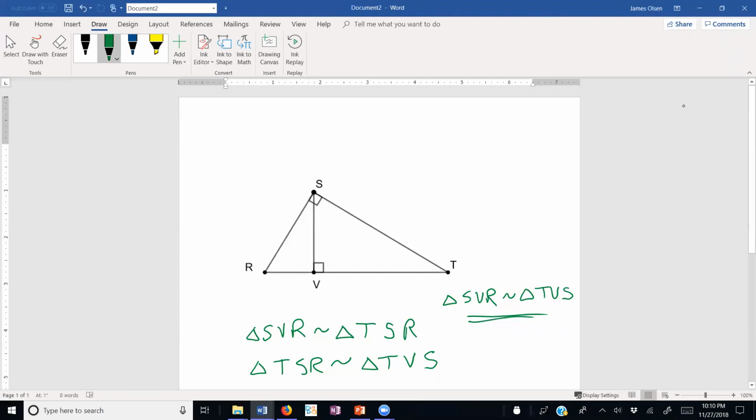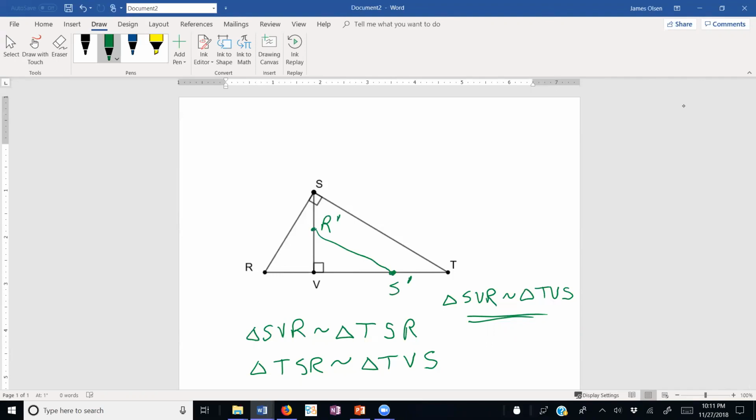Well, first of all, we could take triangle SVR and rotate it around point V 90 degrees to the right. That would bring point S prime down here. It would bring point R prime up here, and our triangle would be sitting here. That would be our first transformation as a rotation.